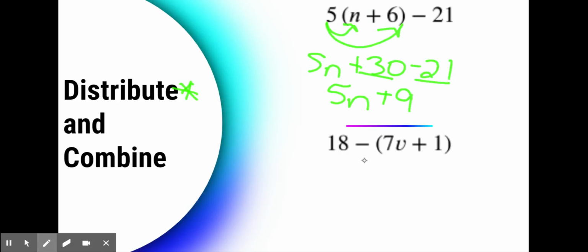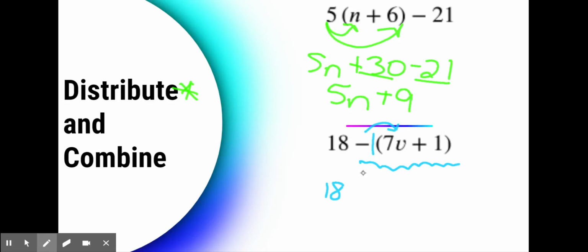The next problem is 18 minus, in parentheses, 7v plus 1. This is important right here. This part right here, this is distributive property, okay? But you're distributing a negative 1. So you're going to want to put that 1 in there maybe to help you see it. The 18, I'm just going to copy for the time being, and then I'm going to distribute the negative 1.